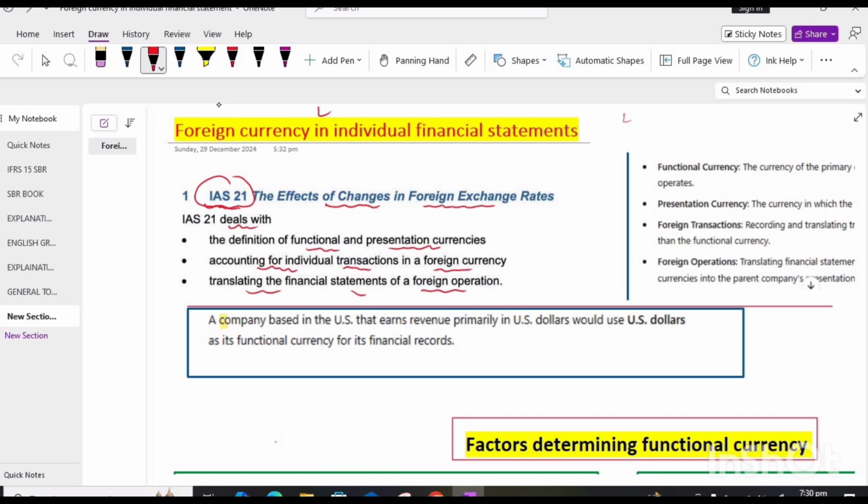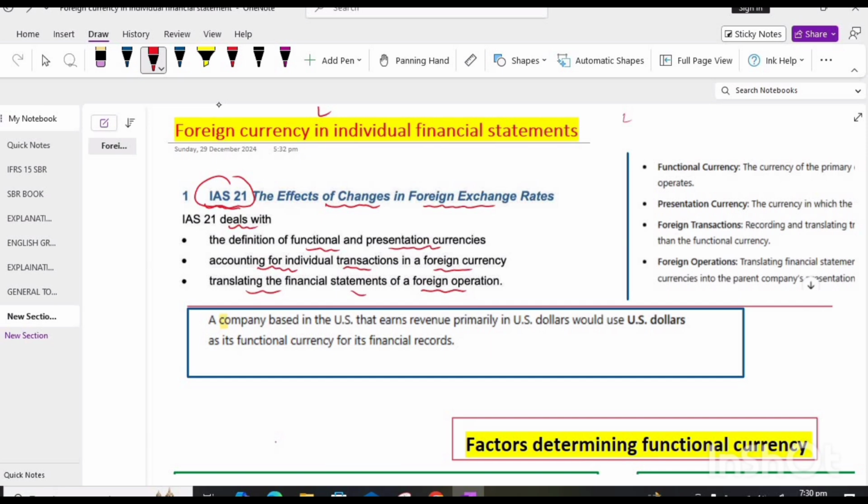So this standard helps entities manage the impact of currency changes on their financial performance and position, and also report that impact. It defines the functional and presentation currency and explains how to account for foreign currency transactions. Clear?